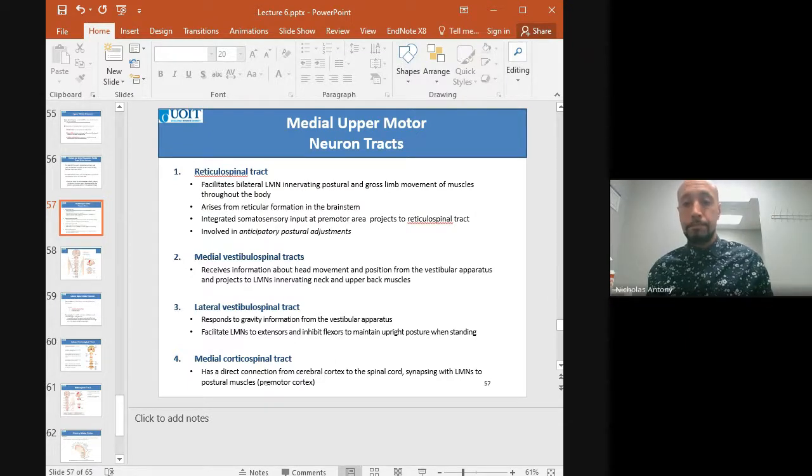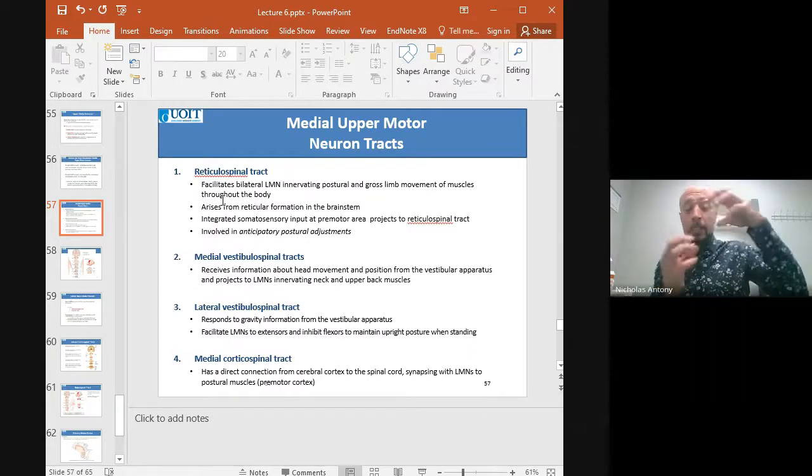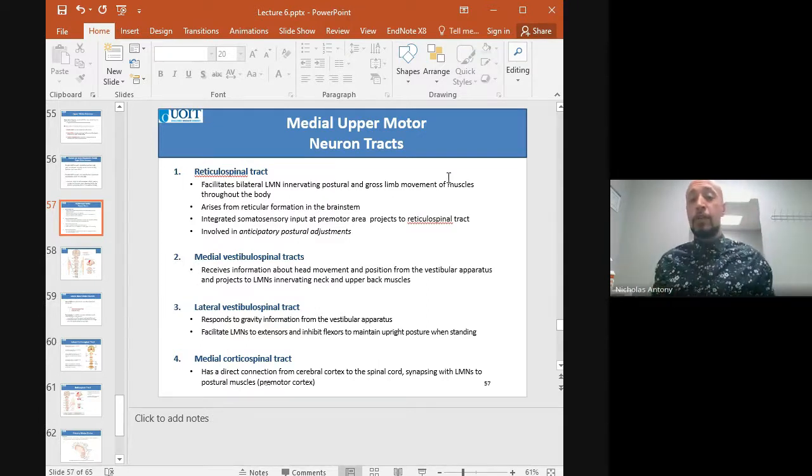So the reticular formation is a grouping of the neurons in the brainstem. The reticulospinal tract is a motor tract, the upper motor neuron tract, that facilitates the activation of our core and posture muscles throughout our body.